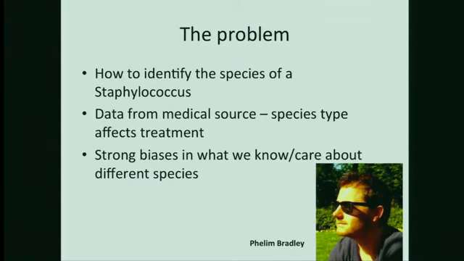There are, I don't know how many, Nick will know, more than 50 known reference genomes of Staphylococcus aureus, and there's about one each of a whole host of other ones, so 40 or so. I wanted to know how I was going to handle that, along with the fact that there's this thing, the accessory genome. This picture is of a guy called Phelim Bradley, who did a lot of the work in this. He's a PhD student in my lab.